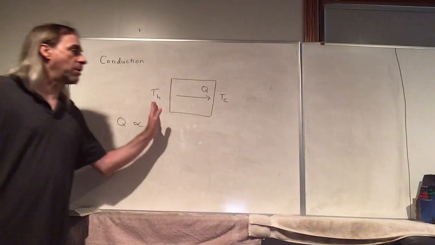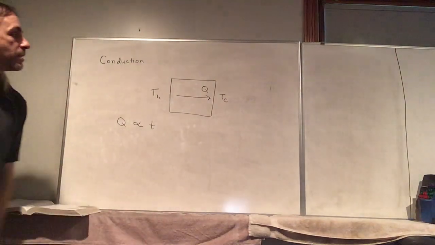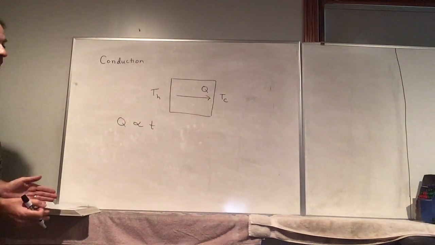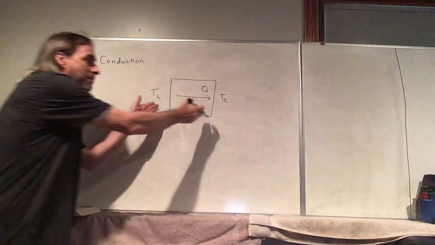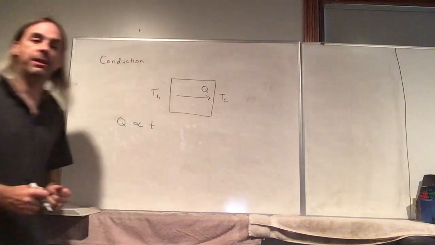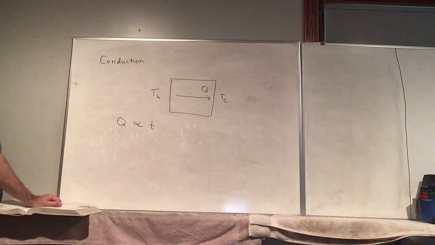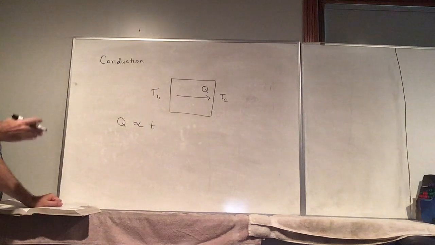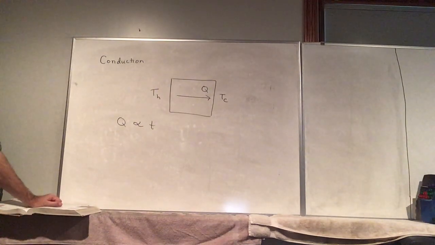Say if a certain number of joules flows through this object in 1 minute, if we have the same conditions, in the next minute the same amount of heat is going to flow. So we can say that the amount of heat is proportional to time.